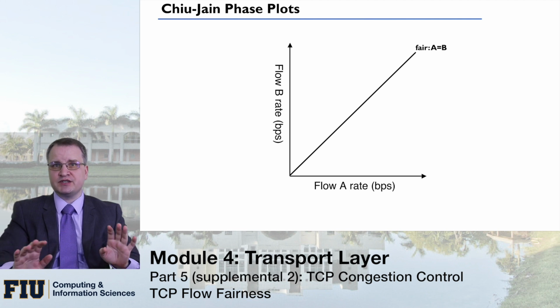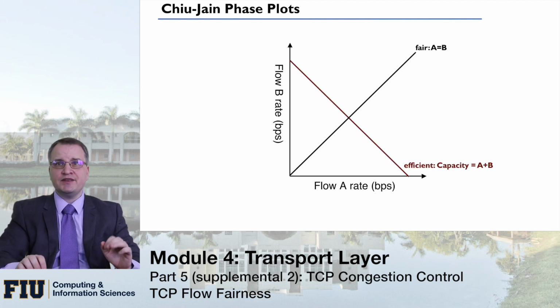So let's consider flow A and flow B. In this case it's a bit rate, but you can also think of it in terms of congestion window size, because there's an equivalency between these two. There's still the capacity of the whole network.